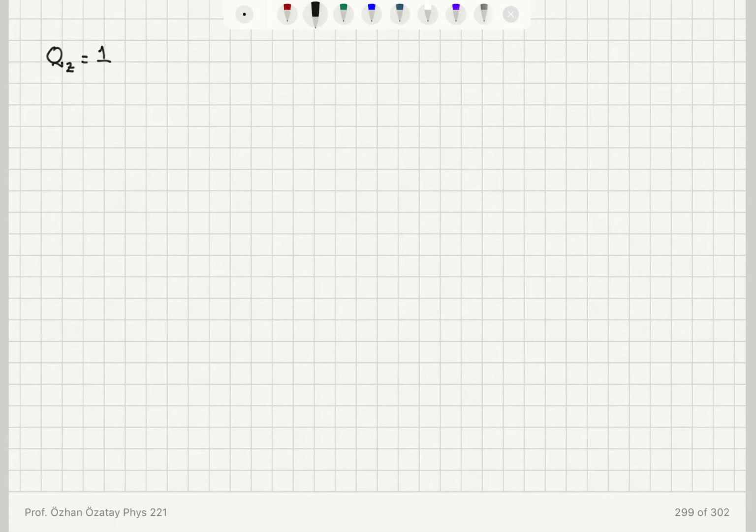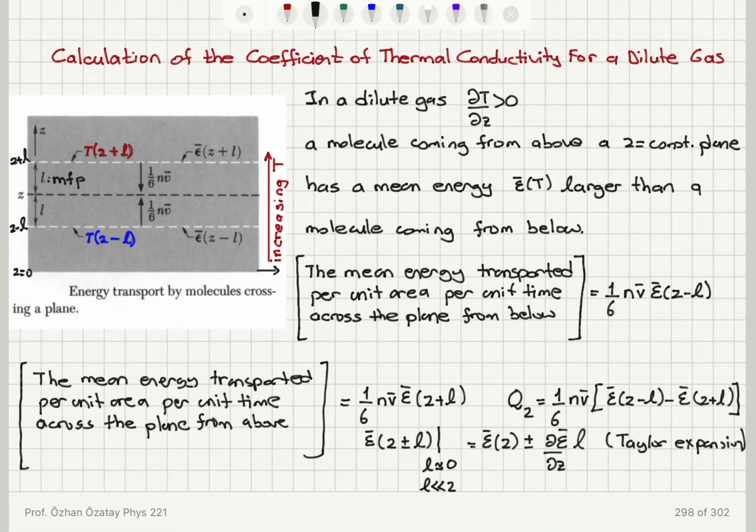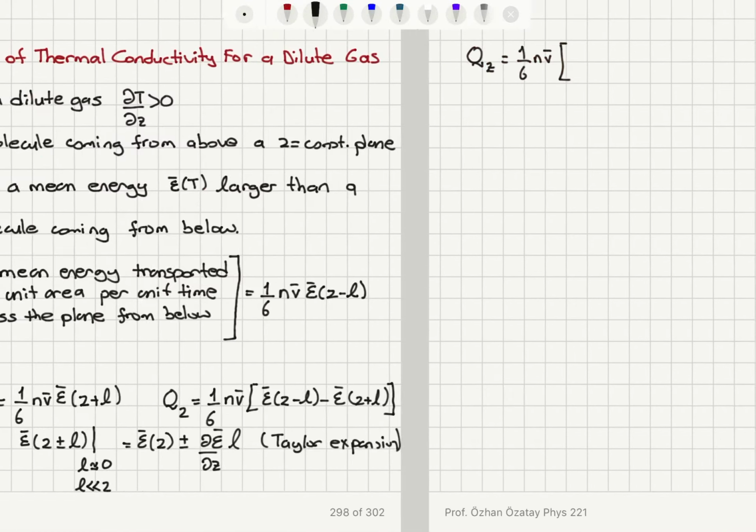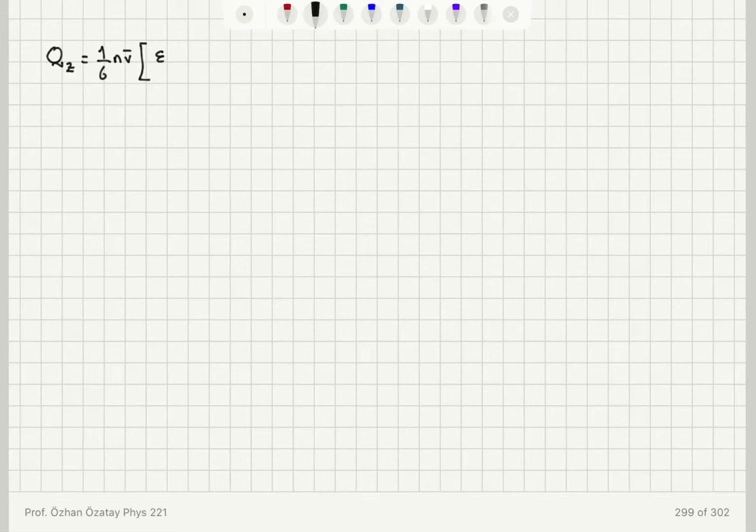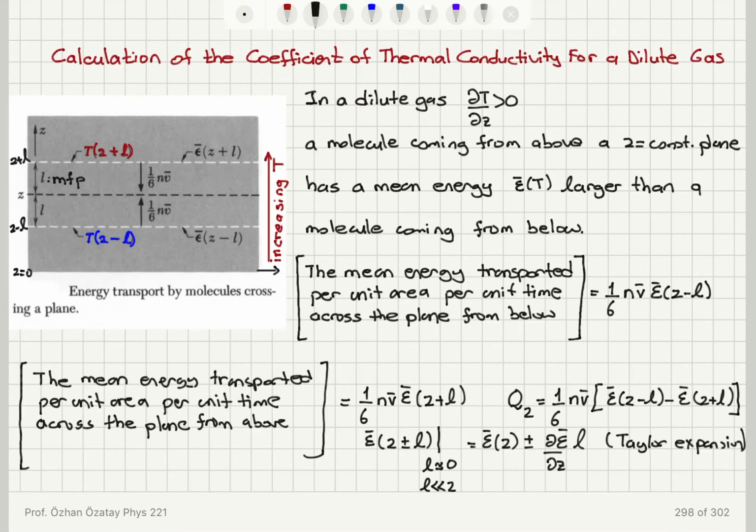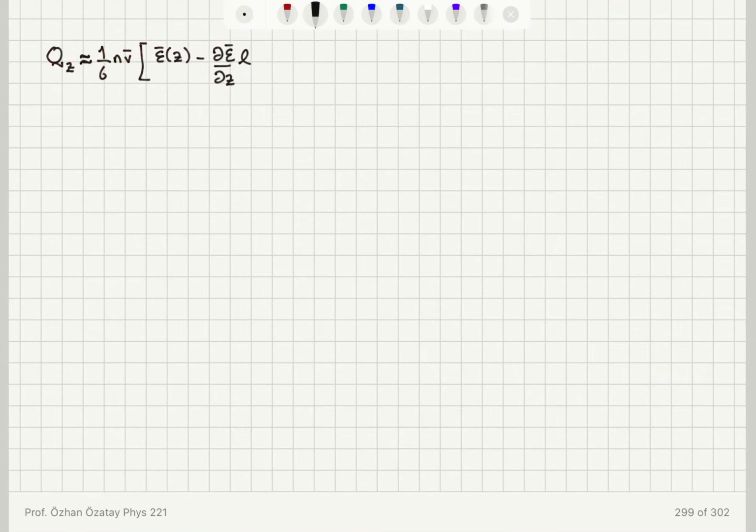This is again the particle flux, 1 over 6 n v bar, and for the energy that is coming from below, epsilon bar at z minus L, I substitute approximately epsilon bar at z minus del epsilon bar del z times L, and for the energy that is approaching from above, minus epsilon bar at z minus del epsilon bar del z times L. So minus, but in parentheses we have a plus, so the minus is distributed. So we obtain this result.